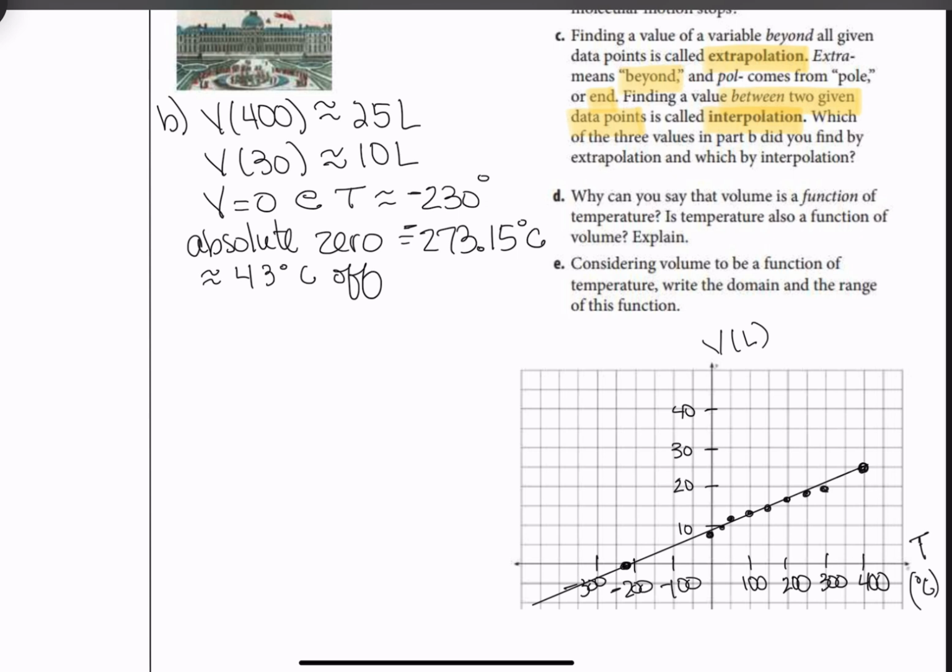One more time, which of the three values in part B did you find by extrapolation? I actually think there were two values there. One of them was V of 400, and the other one was when V of t had to equal 0.